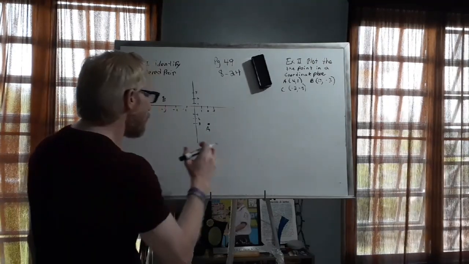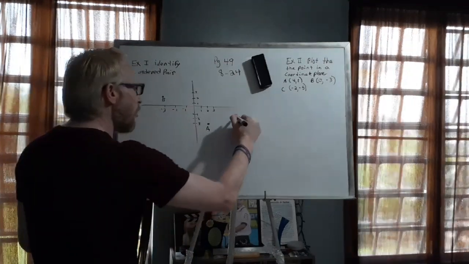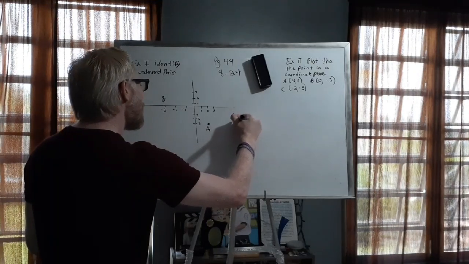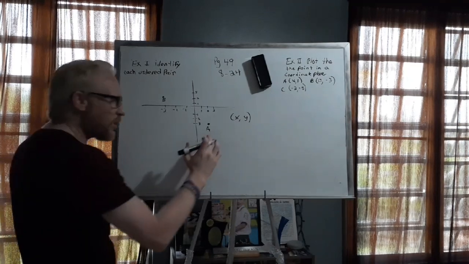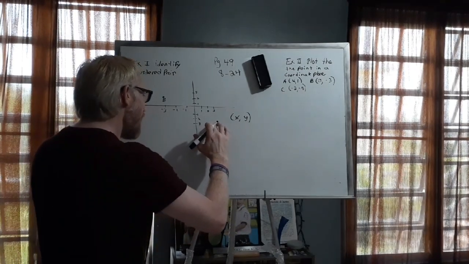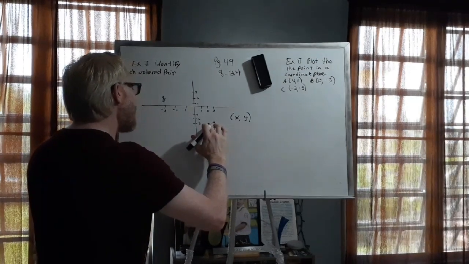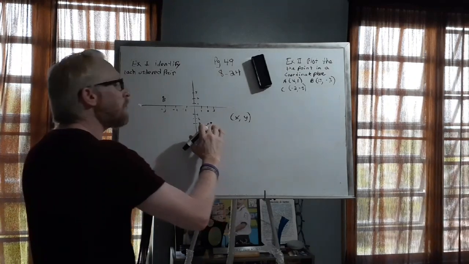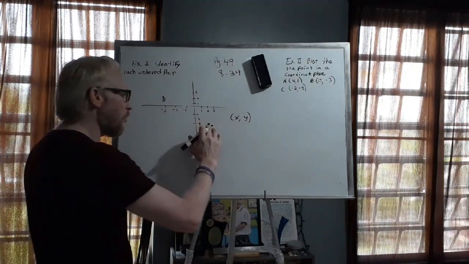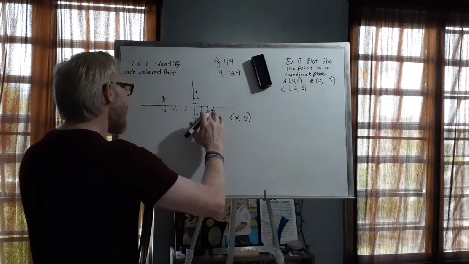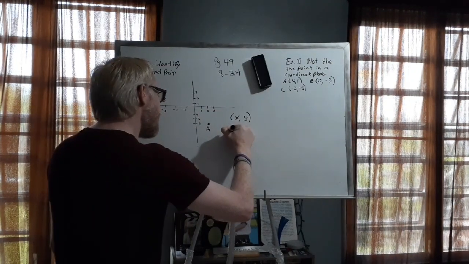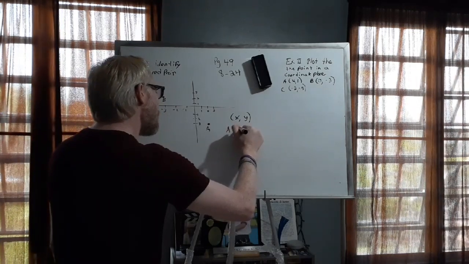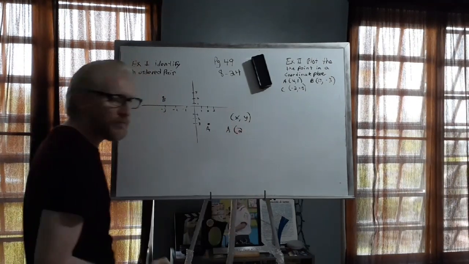Well, the first thing I'm going to do is remember that an ordered pair always starts with an x-coordinate and a y-coordinate. So I'm going to go towards where A is, and I'm going to look at the point, and I'm going to see what number is point A below. Point A is actually below 2, which means that the first number in the ordered pair is a +2.